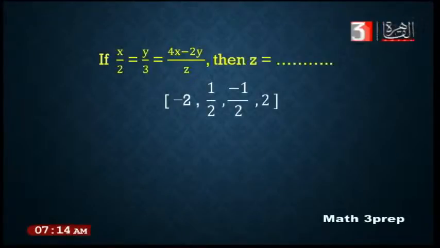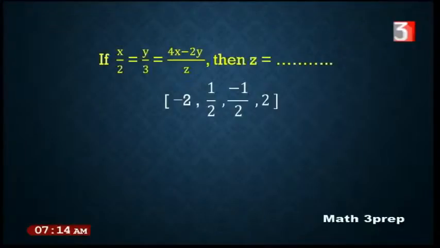When you look carefully at such an example, you are going to remember that you have studied a rule which says that the sum of antecedents over the sum of consequents equals each ratio. Then you multiply x over 2 by 4, and y over 3 by 2, and make a subtraction sign.